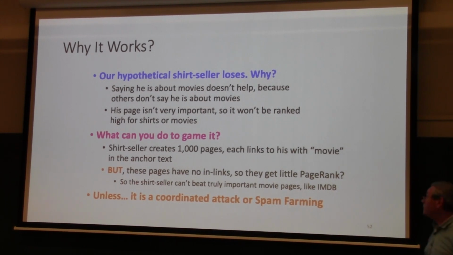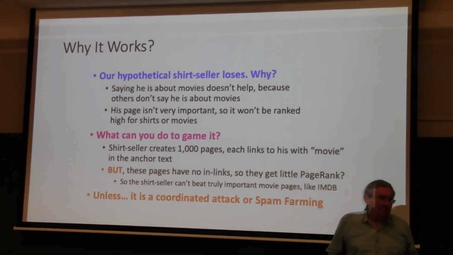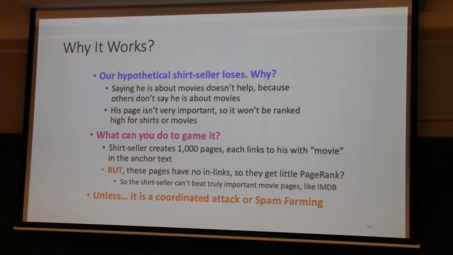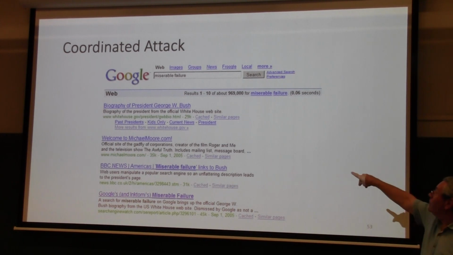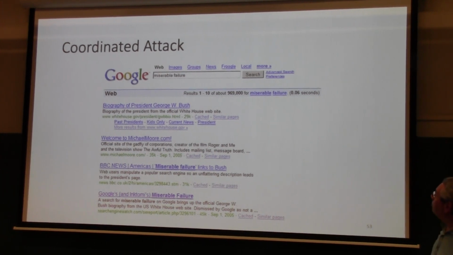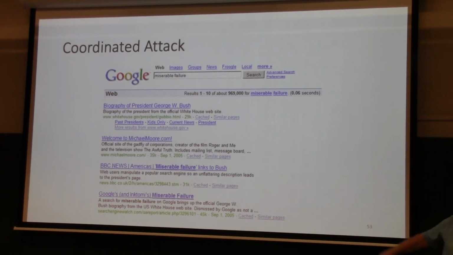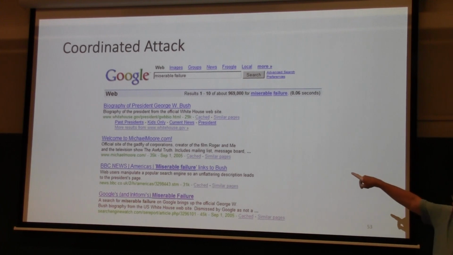But there is a way to beat PageRank. Spam farming, kind of coordinated with that. And this has been used, and it's sometimes called Google bombing. A few years ago, and it works now too. When George Bush was president, if you typed miserable failure in Google, it pointed to the biography of George Bush.